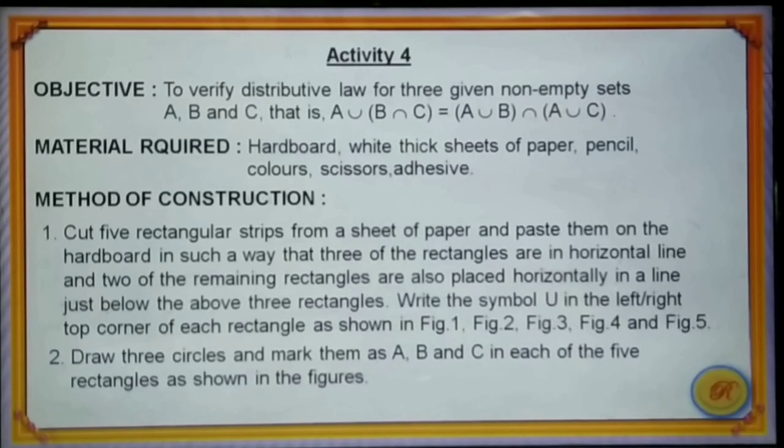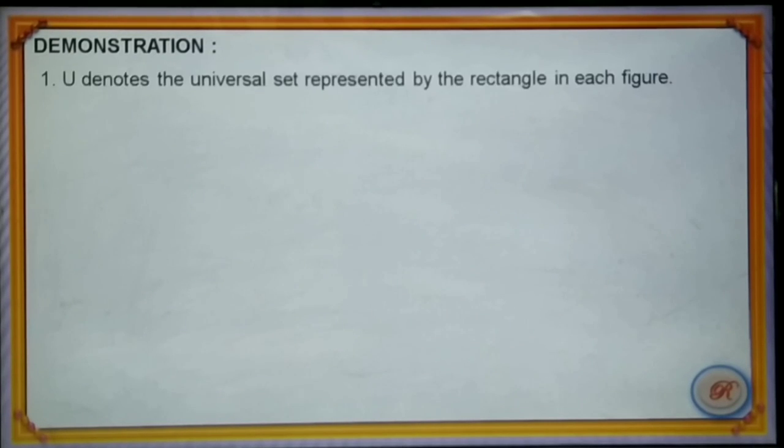Draw three circles and mark them as A, B and C in each of the five rectangles as shown in the figures. Color the portions as shown in the figures. Demonstration. Number 1.